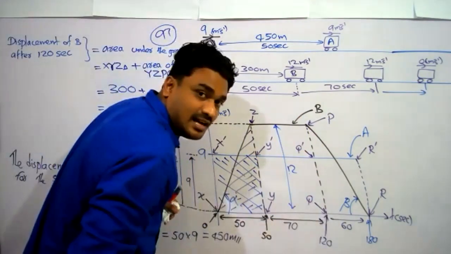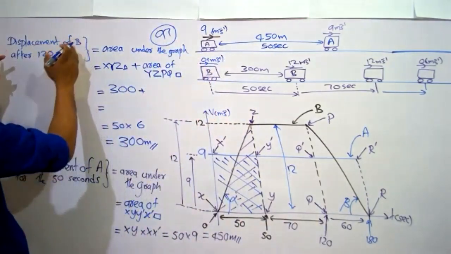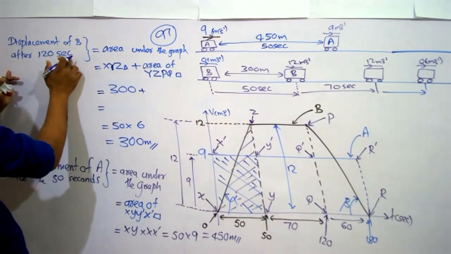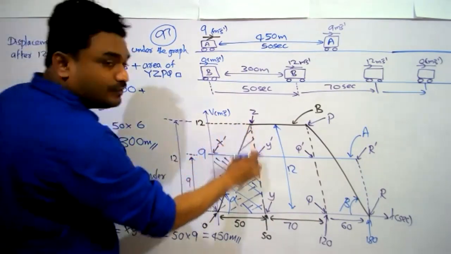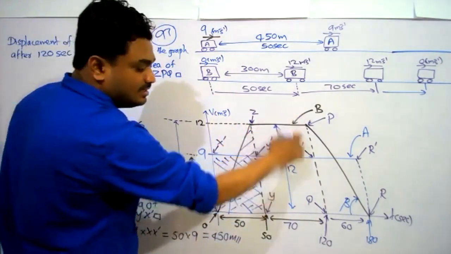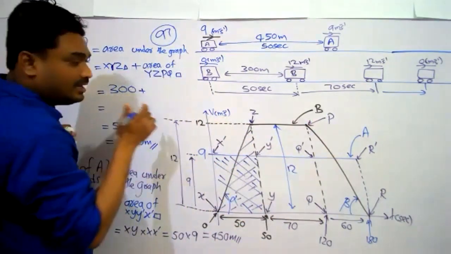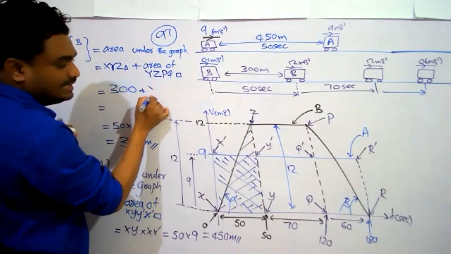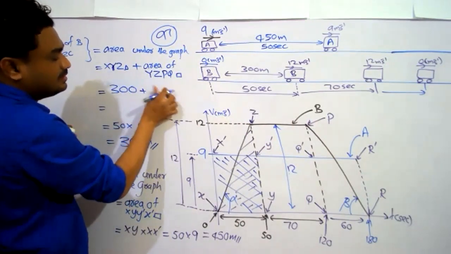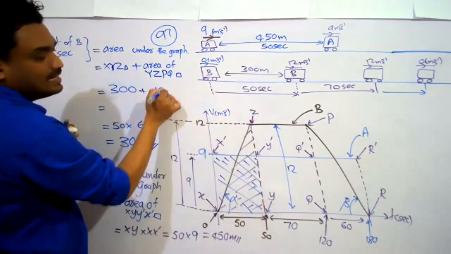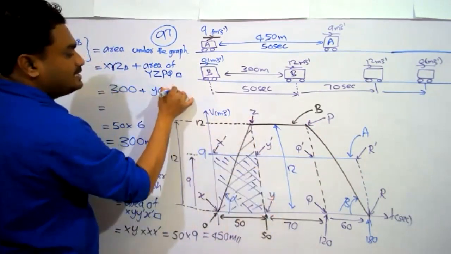So the displacement of vehicle B after 120 seconds is the area of the XYZ triangle plus the area of the YZPQ rectangle. The area of a rectangle is length, that is YQ, into width, that is YZ.